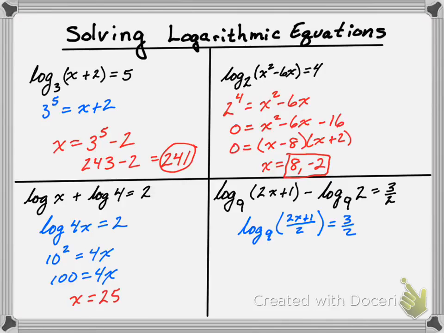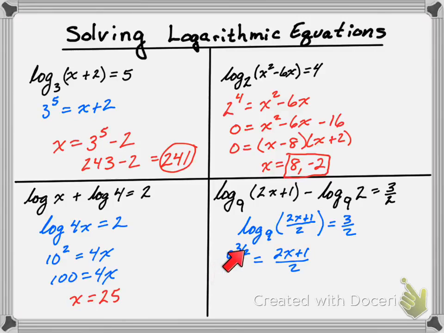All right, so now we're going to convert this to an exponential equation, which would be 9 raised to the 3/2 power equals 2x plus 1 over 2.